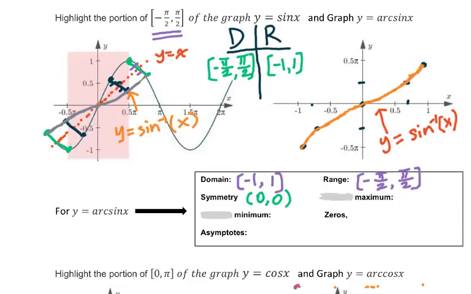The maximum value is pi over 2. The minimum value is negative pi over 2. The x-intercept is 0, 0. No asymptote line, so I put none.